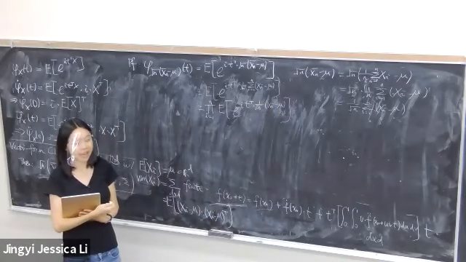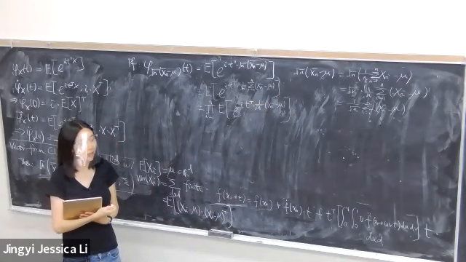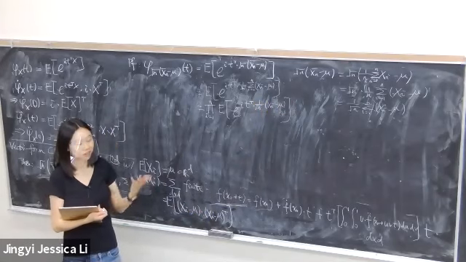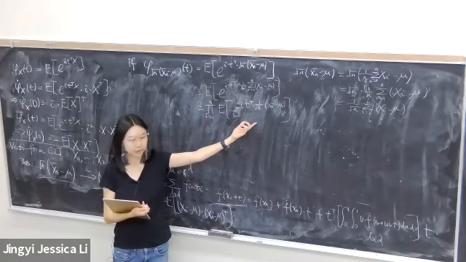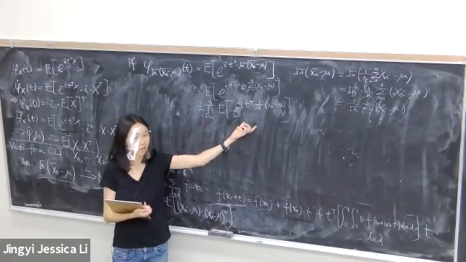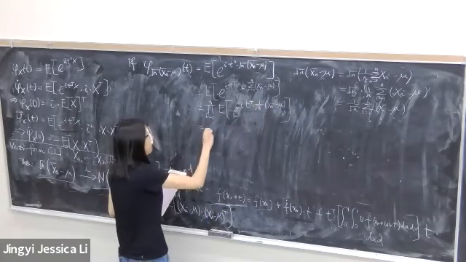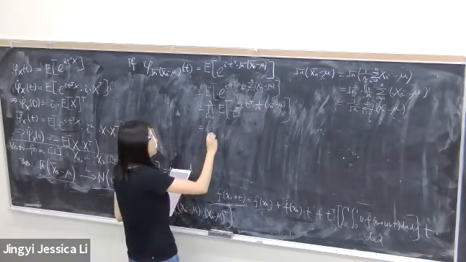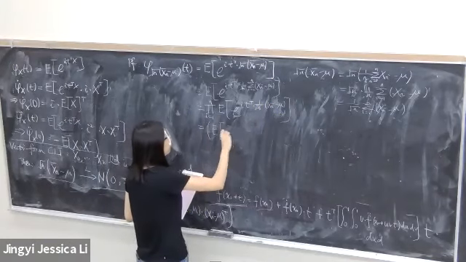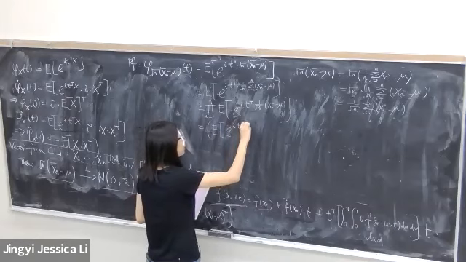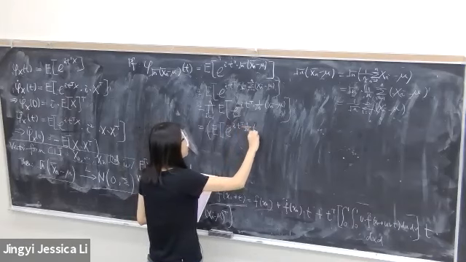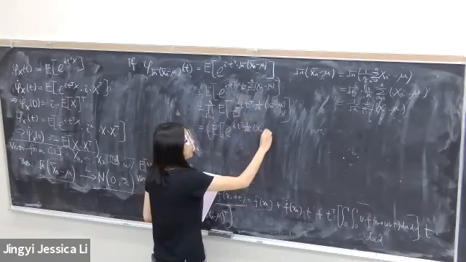Now the IID assumption comes into play because X1, X2 to Xn are IID, which means this term has the same expectation regardless of i. Therefore, I can write it as the nth power of the expectation of exponential i t transpose 1 over root n times X1 minus mu.